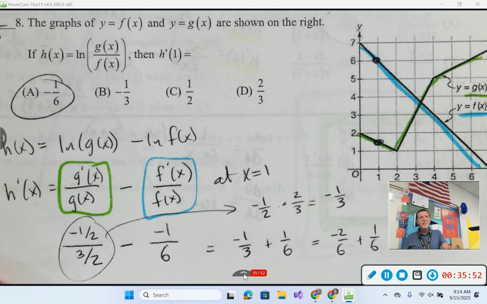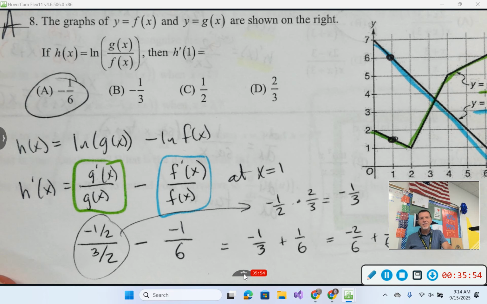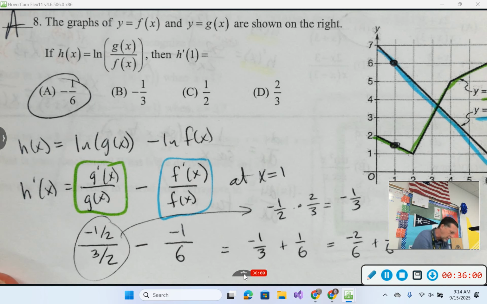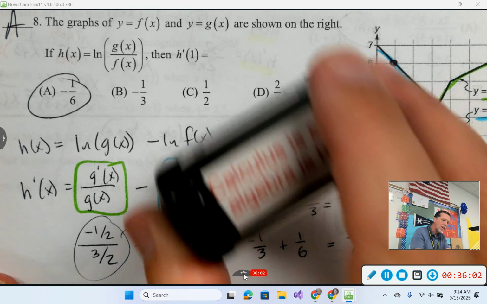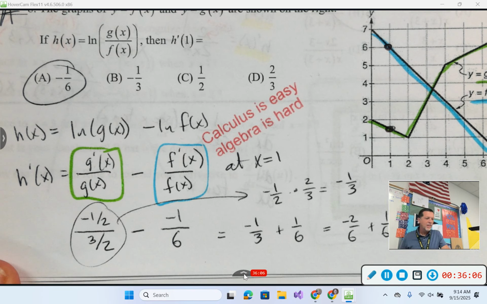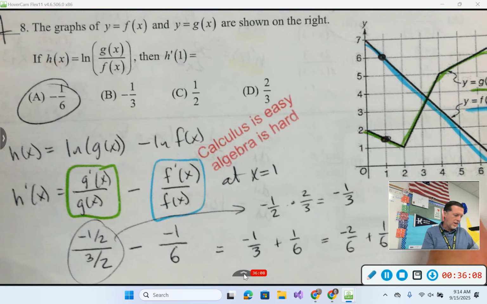It was a little bit of calculus, a whole lot of algebra. Stamp go. That one deserves the stamp. Because it took algebra to start and it took a lot of algebra at the end. The actual calculus wasn't that bad.